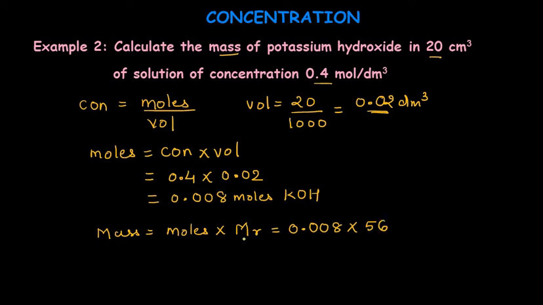Now if you don't know how to calculate the MR, you can refer to the earlier videos on calculating moles, mass and molecular mass. So here our answer is 0.448 grams.